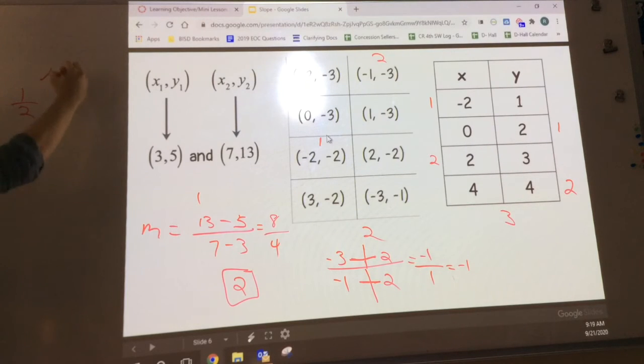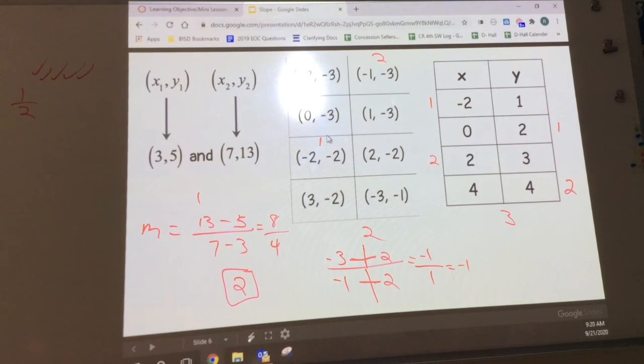Addison? 1/2. Luke? Colin? 1/2. Okay, so Abby, can I tell you what I think you did wrong? I think you switched your X's and your Y's. I think you did the X's on top and the Y's on the bottom. Because if you did it backwards, you'd have 2 over 4, which would be 1/2. Does that make sense? Okay. All right, so do we see how it works out the same way? I just called on random people, and everybody had the same answer.